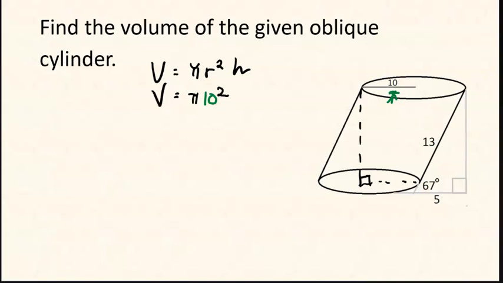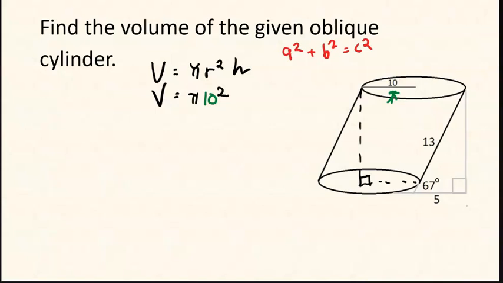Then I have to figure out how I'm going to find the height. This diagram was very nice and they drew this triangle for me. I think what I'm going to do is use the Pythagorean theorem. When we use the Pythagorean theorem, I'll write that up over here, typically known as a squared plus b squared equals c squared. What we're going to do is label our legs and our hypotenuse.